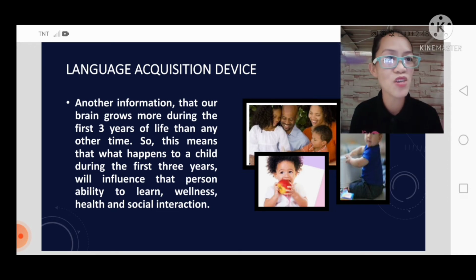With the language acquisition device, we know that our brain has millions of brain cells, and the first 3 years of life of that child are very critical, because they are going to make the connections that give them the ability to learn. So you have to make the best of it, let the child interact with other human beings to improve and enhance their ability to learn.